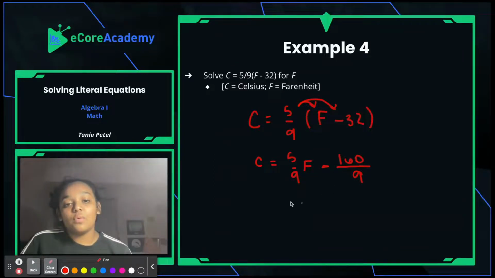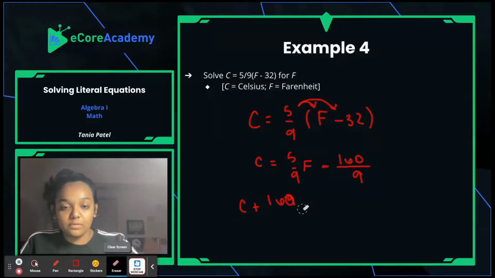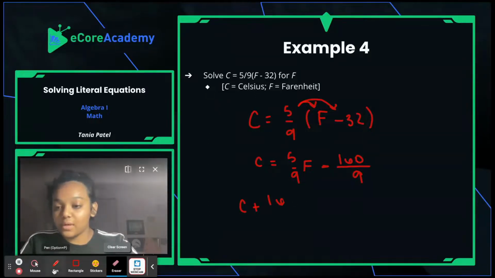So when we do that, we get C plus 160 over 9 equals 5 over 9 times f, 5/9 f. Excuse me, I would like to quickly erase that because that was my bad on my handwriting.